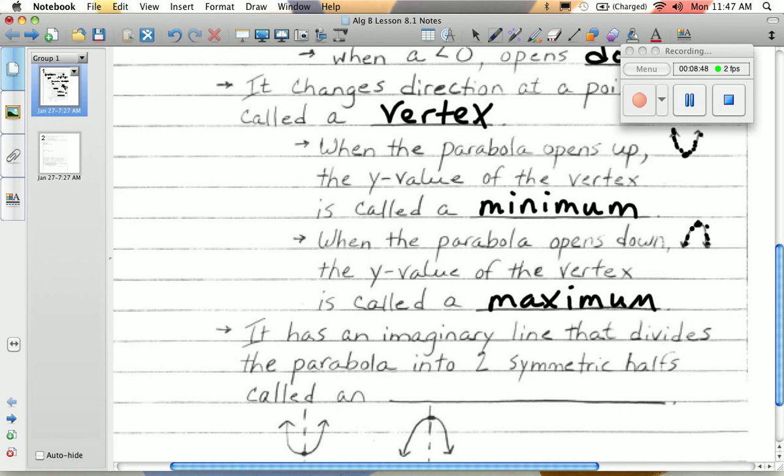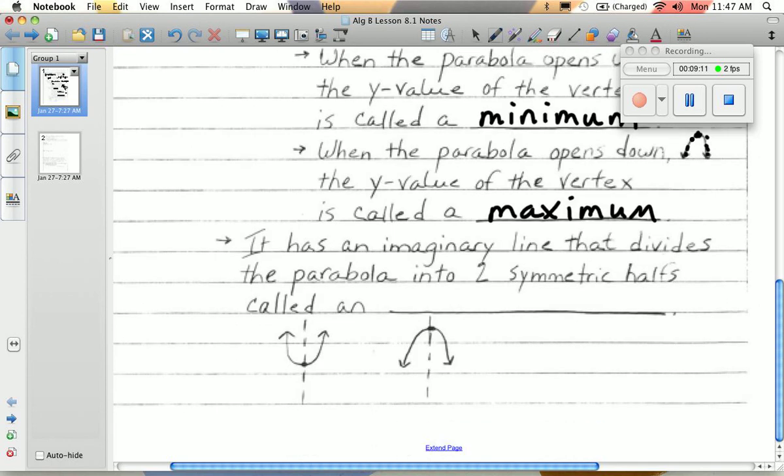If it's a parabola opening up, then it's got to be a minimum because it's going to be the lowest. Because that's where it makes its turn, and now it starts getting higher again. If it's opening down, that y value is going to be a maximum because it was climbing till it got to that, and then all of a sudden it stopped and changed, started going down again, so it becomes the highest point, the maximum.